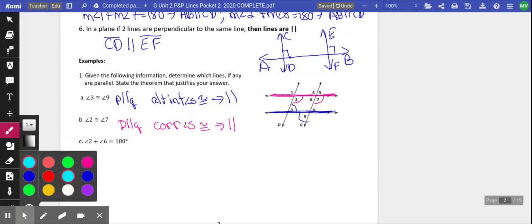And then our last example is that 2 and 6 add to be 180. So 2 and 6 are also on that pink transversal. So those are same side interior angles, are supplementary because that's what adding to 180 means, implies parallel. And that would also be P is parallel to Q.